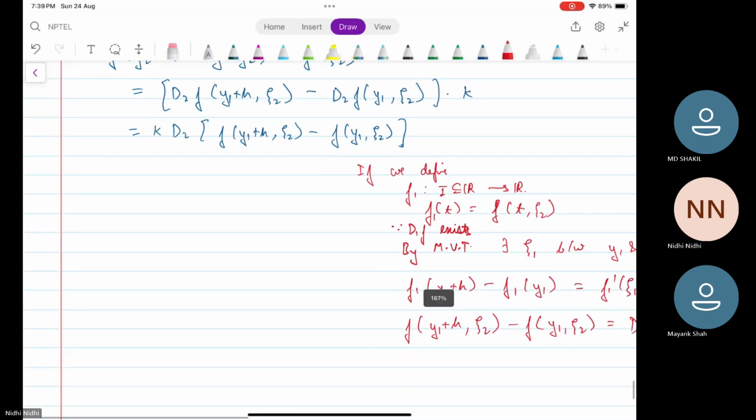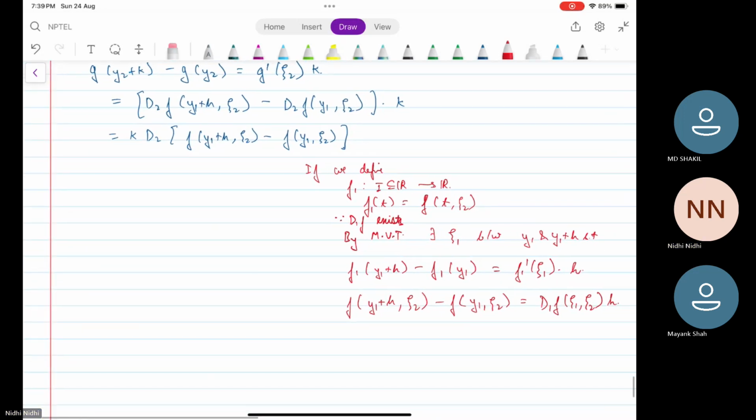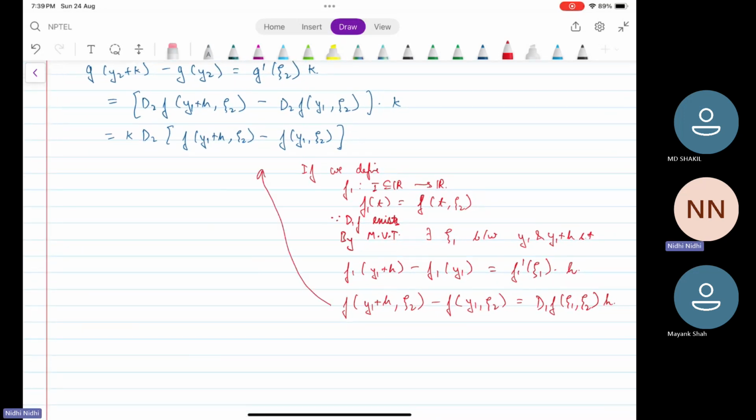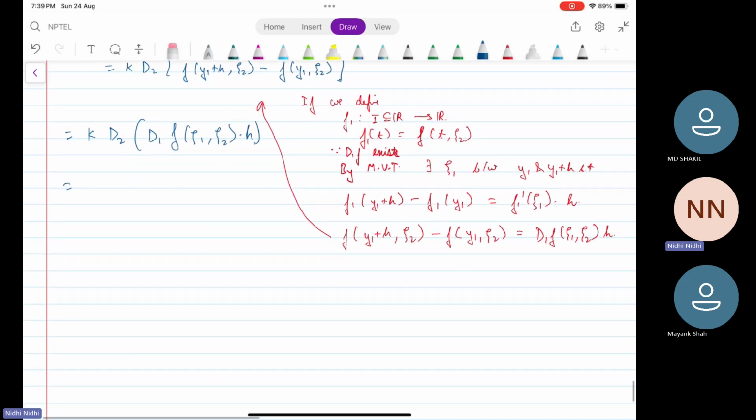So using this here, I'll get this is equal to k times d2 of d1 of f at (zeta 1, zeta 2) times h. I can take this h outside. This is kh d2 d1 of f at (zeta 1, zeta 2).